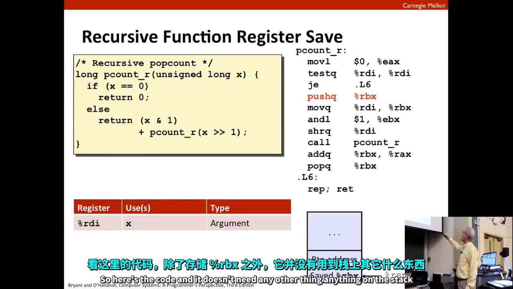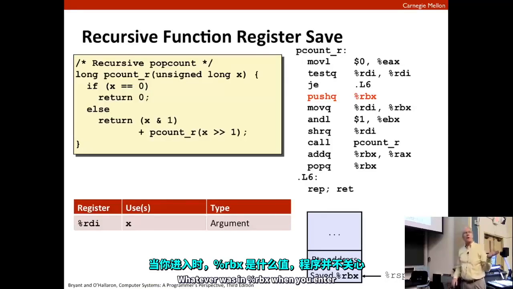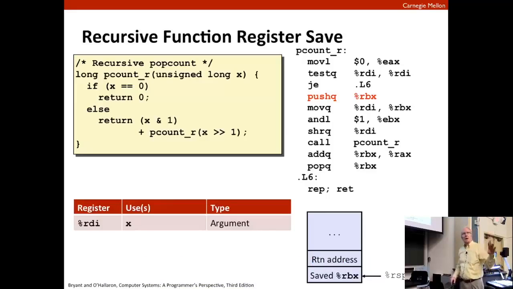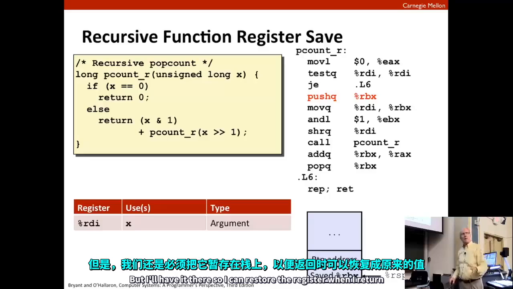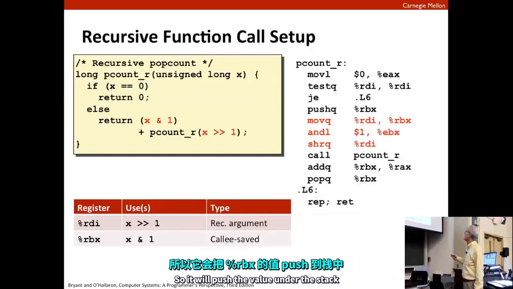So here's the code, and it doesn't need anything on the stack other than space to store RBX, whatever was in RBX when you enter. I'm just going to put it on the stack. I won't look at it. I won't make use of it. But I'll have it there so I can restore the register when I return. So it will push the value onto the stack.